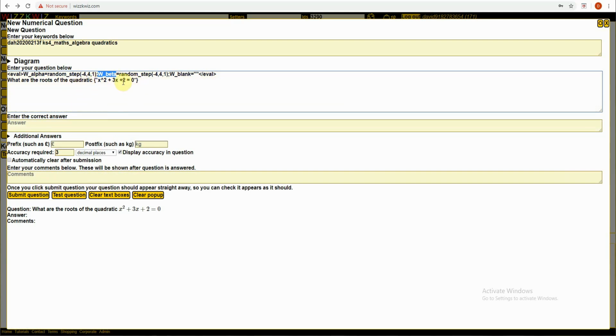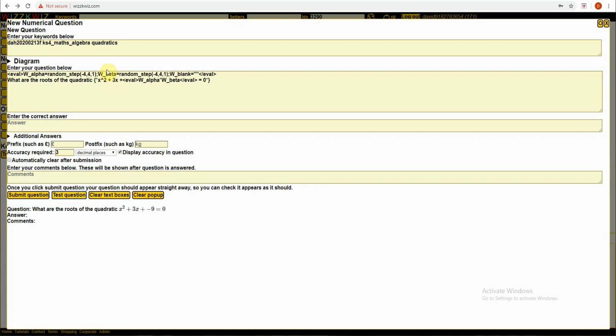Okay, so if you think about what this 3 is going to become and what this 2 is going to become, we need to now use our eval to put those expressions in. So this one, the units, is going to be w alpha times w beta. So let's try that. Okay, and we can see we're getting nicely generated random numbers there.